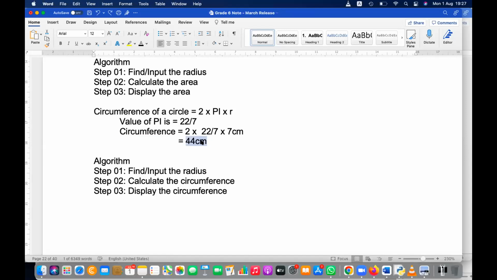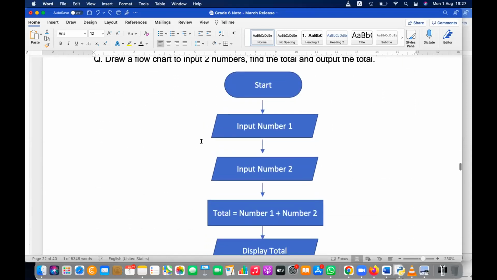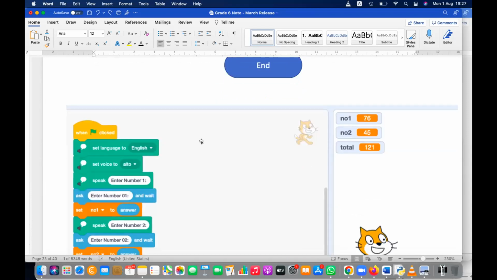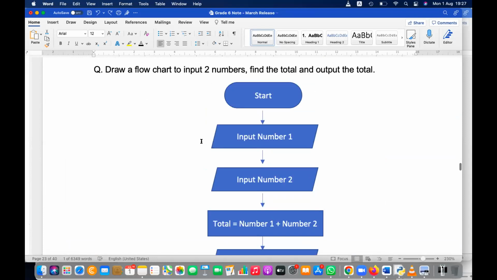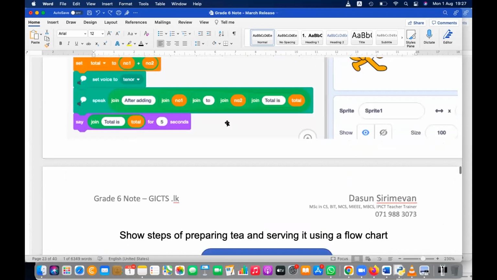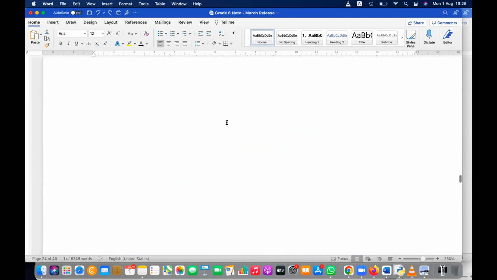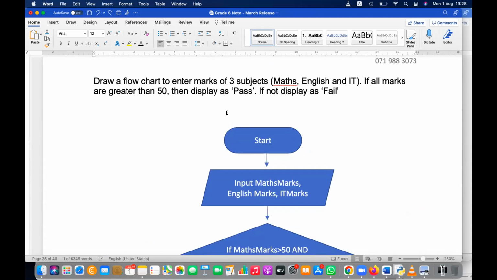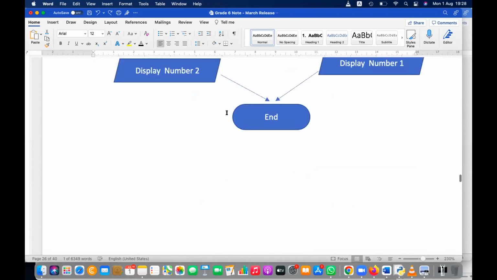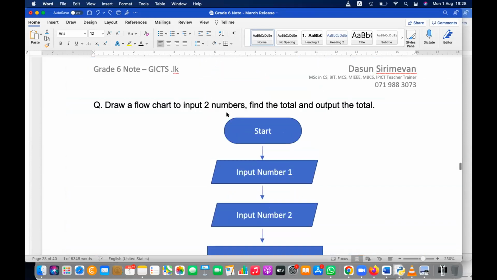These are some examples. We already learned how to find the area of a rectangle and the circumference of a rectangle. Can you remember that? So let's see the calculations, how we have done that.